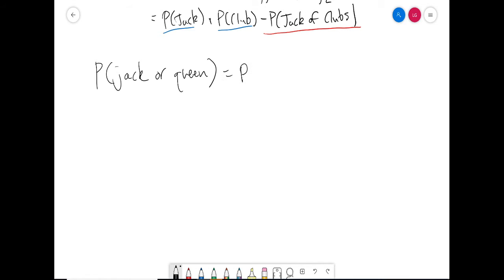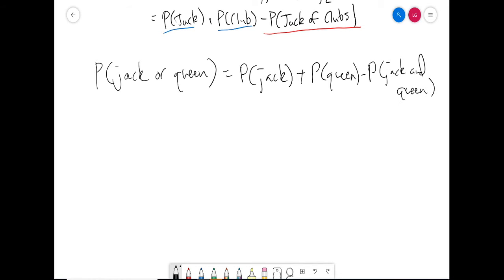So for example, by the additive property, this is the probability of a jack separately plus the probability of a queen separately minus the probability of a jack and a queen. So if there's such a thing as a jack and a queen, it'll be in both of the first two categories, and the third, the minus statement, will be counteracting the double counting.